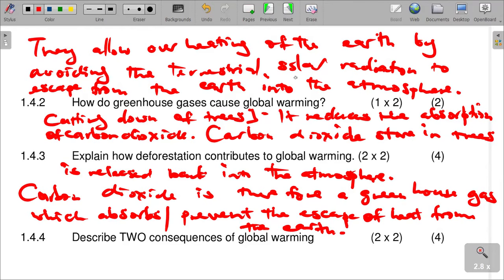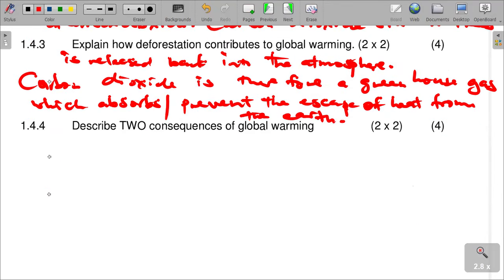It can actually prevent the escape of heat from the earth, because the carbon dioxide that we are talking about is also being trapped in the atmosphere there.